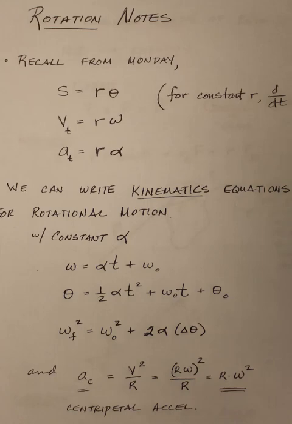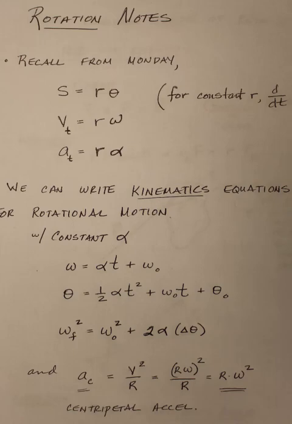So we also wrote down some kinematics equations for rotational motion, directly analogous to what we did at the very beginning of the year. If we have constant angular acceleration, we can use the definition and do an integral, and we get that the angular speed as a function of time is the angular acceleration times time plus the initial angular speed.